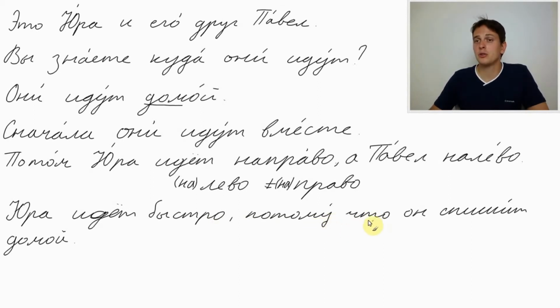Он спешит. Спешит is hurry. Hurrying would be спешить. And because we are using he is in a hurry, he is hurrying, we are taking он спешит. Он спешит домой. To the home. Он спешит домой.